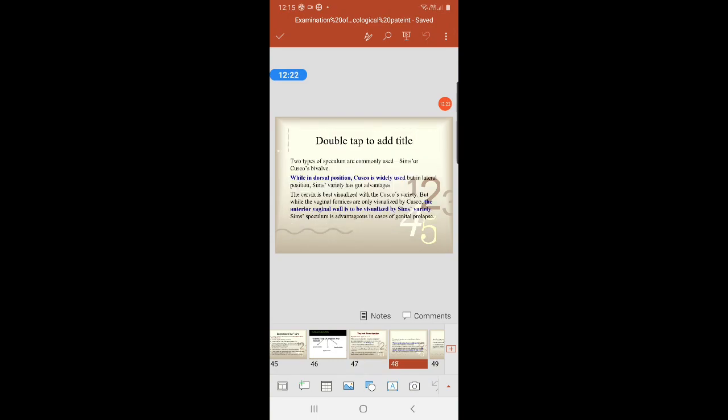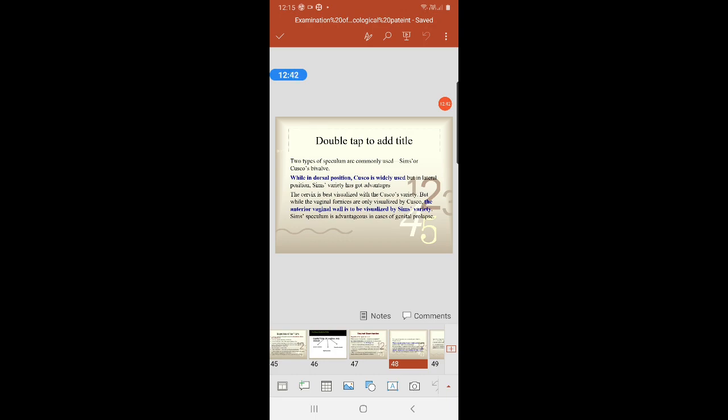Coming to the speculum examination, two types of speculum are commonly used: the Sims speculum and the Cusco's double wall or bivalve speculum. In the dorsal position, the Cusco's is widely used, but in the lateral position, the Sims variety has advantages.